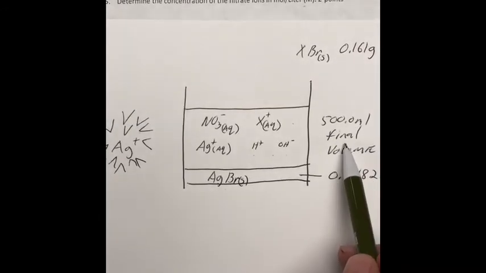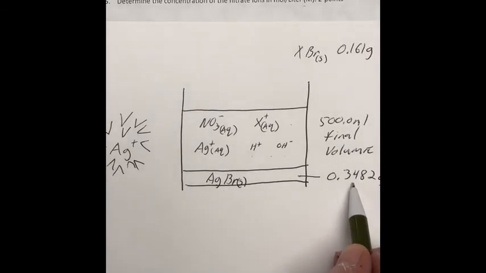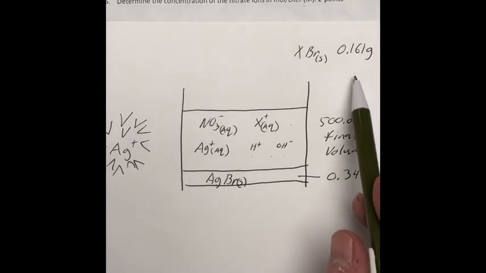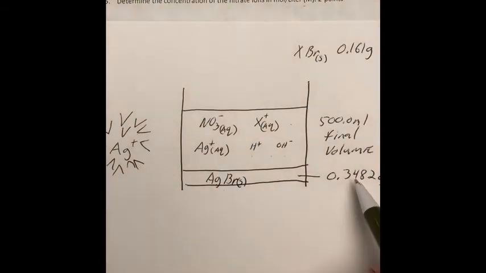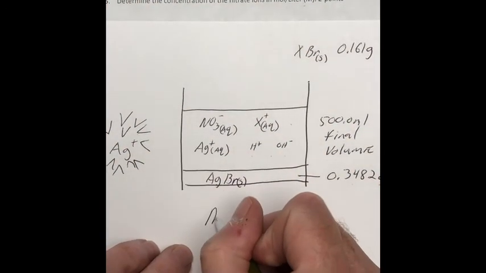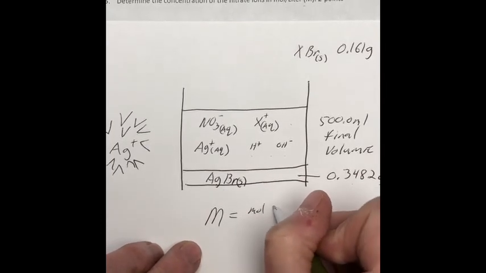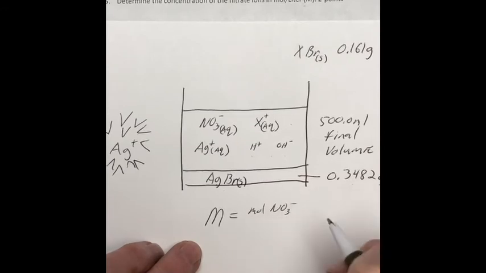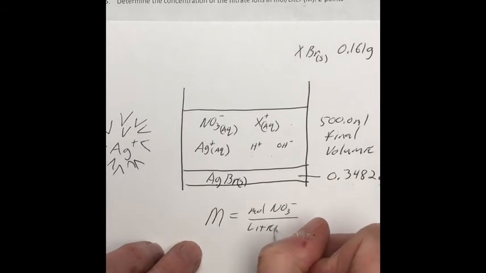So let's get back to the question. We've got 500 mils, final volume here. We do have the mass here, we'll get to that in a second. We have the mass of the original XBr. Well, it says determine the concentration of the nitrate ions in moles per liter. So pretty straightforward. Big M, molarity, is moles of solute, and in this case we want moles of nitrate ions, divided by liters of solution.